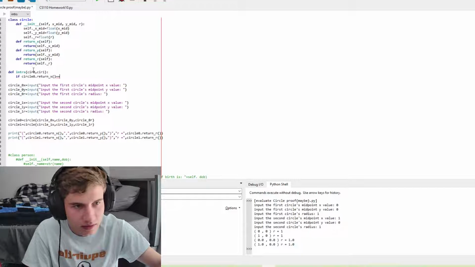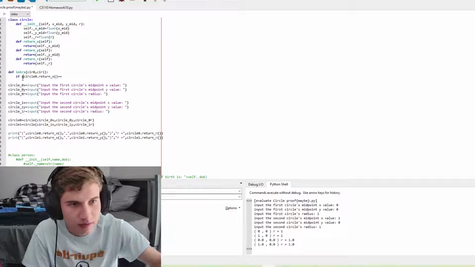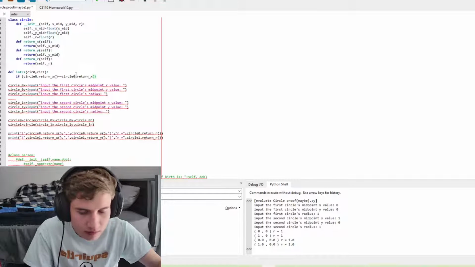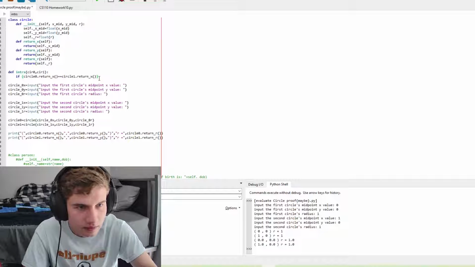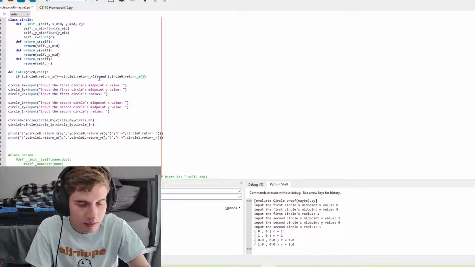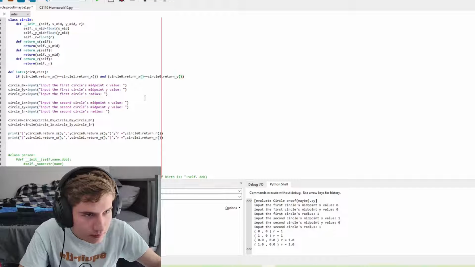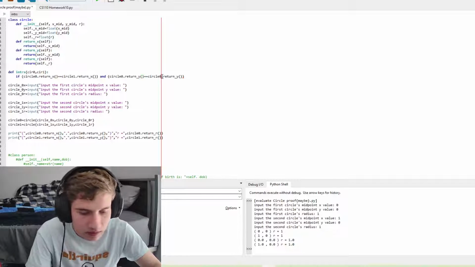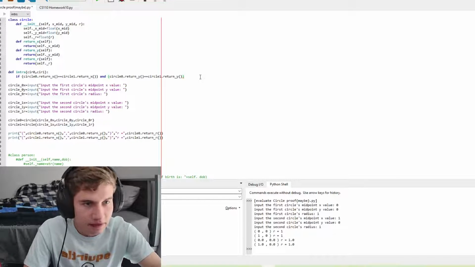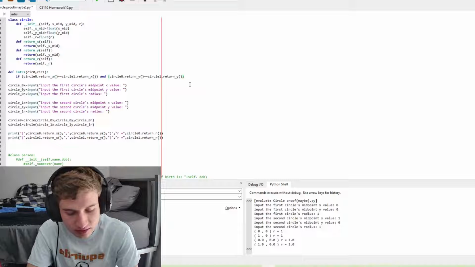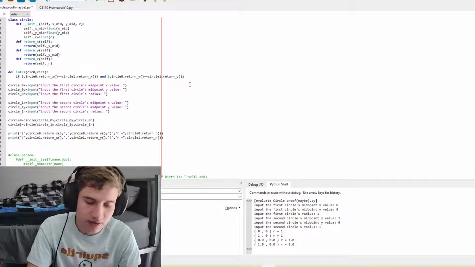These two are the same. Basically all this is saying is if the x values are the same, the y values are the same, and the radius are the same, then we know that they are the same circle.